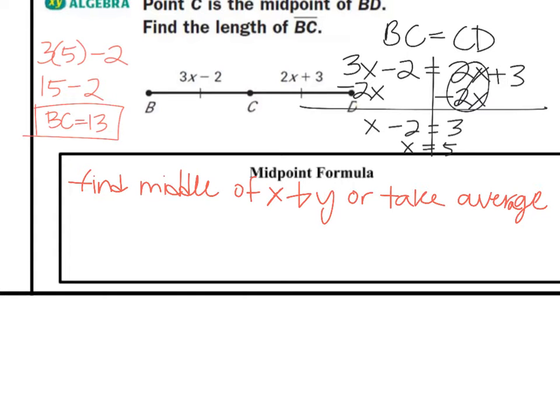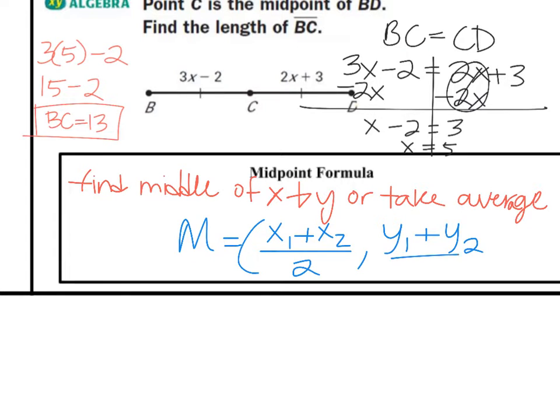And so the midpoint formula is this. I take my x values, add them up, and divide by 2. That's taking the average and finding the middle spot. For the y coordinate, I take the y values, y1 plus y2, add them up, divide by 2. So that's a coordinate point, is what that is.